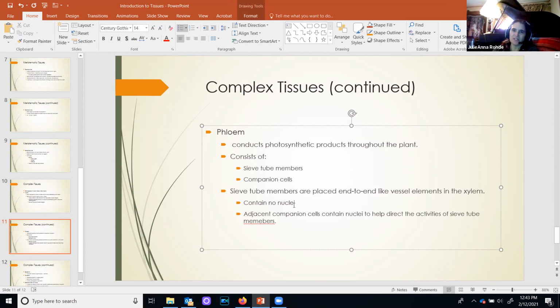Every cell has a nucleus, right? These don't. It's really kind of strange. So plants are pretty complex. They have partner cells adjacent to them, called companion cells, and that's where you find the nucleus. That nucleus works to direct both cells. It directs the activities of the sieve tube members.